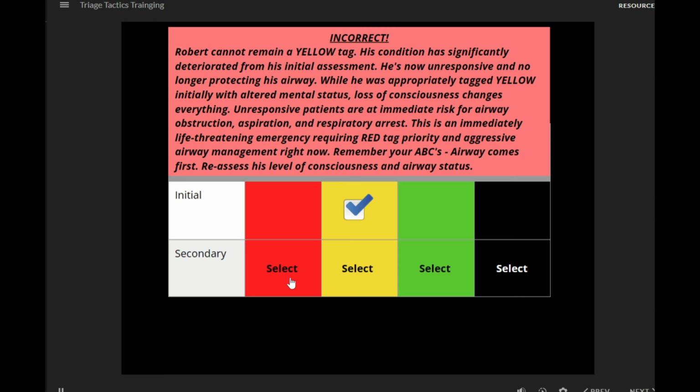Unresponsive patients are at immediate risk for airway obstruction, aspiration, and respiratory arrest. This is an immediately life-threatening emergency requiring red tag priority and aggressive airway management right now. Remember your ABCs. Airway comes first.